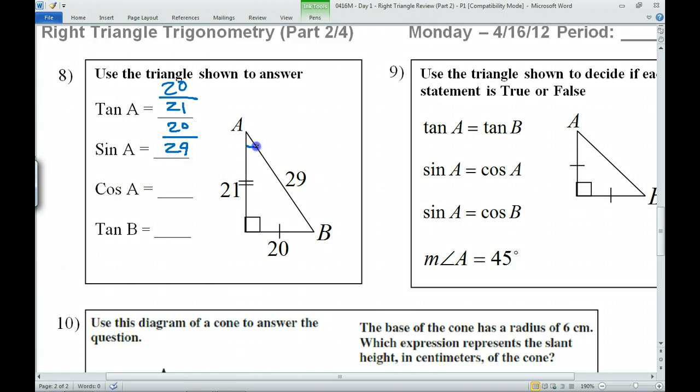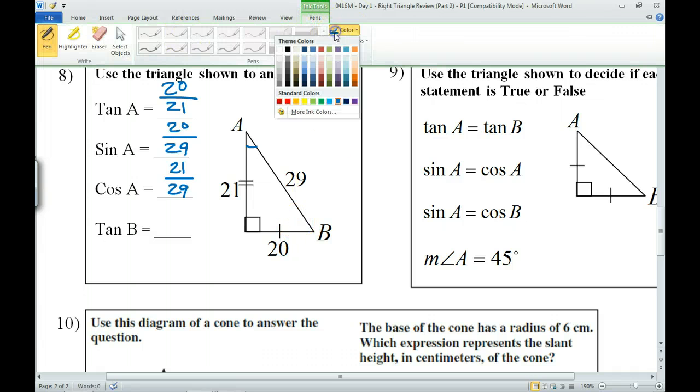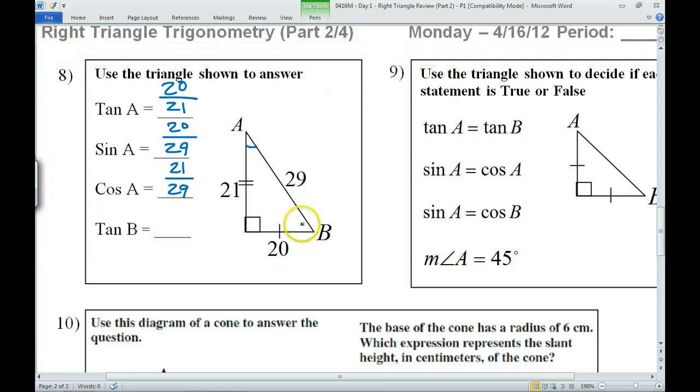Cosine of angle A. Still looking at angle A. Cosine is adjacent over hypotenuse, so that's 21 over 29. And the tangent of angle B. So now we're switching. Better change colors. So looking at angle B now, tangent is opposite over adjacent. So that's 21 over 20.